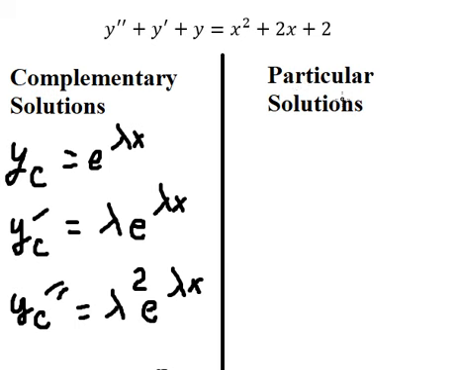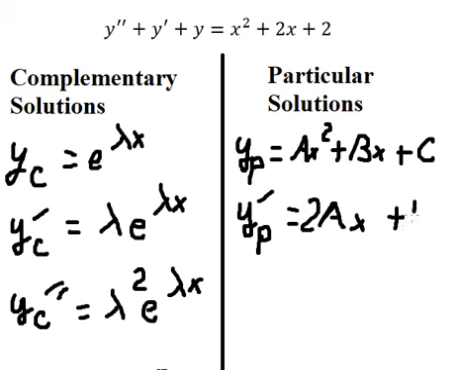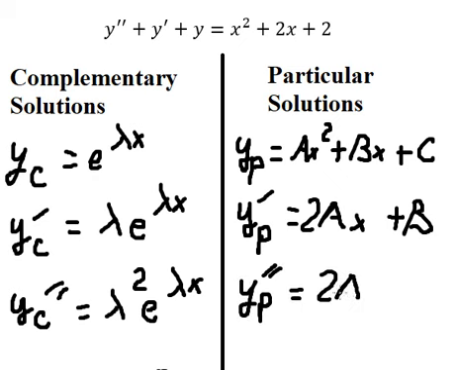About the particular solution, we see that we have s squared plus 2s plus 2. So I will put yb equals as squared plus bs plus c. Now if we do the first derivative of yb, we have 2as plus b, and the second derivative of yb is 2a.